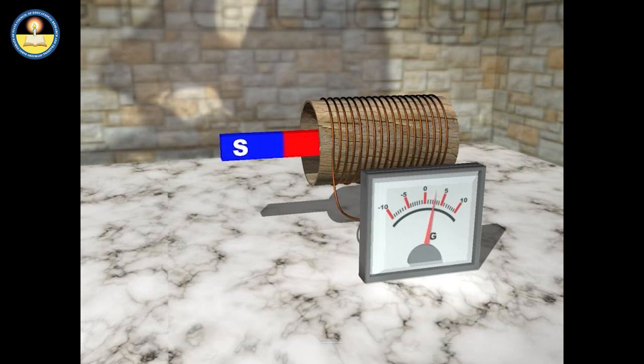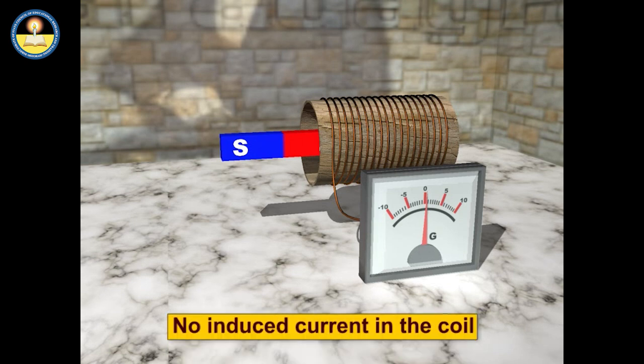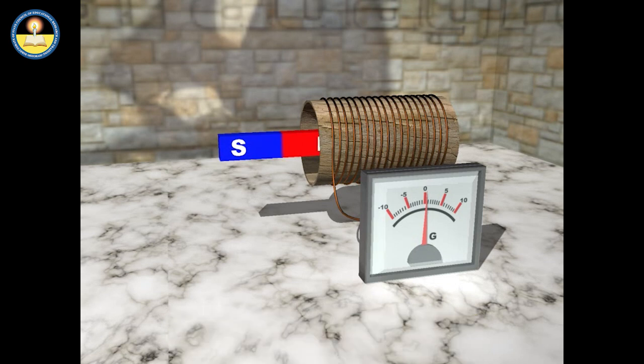When the magnet remains stationary, there is no deflection in the galvanometer, indicating no induced current in the coil. On the other hand, when the north pole of a bar magnet is moved away from the coil, the galvanometer again shows a sudden deflection but in the opposite direction.